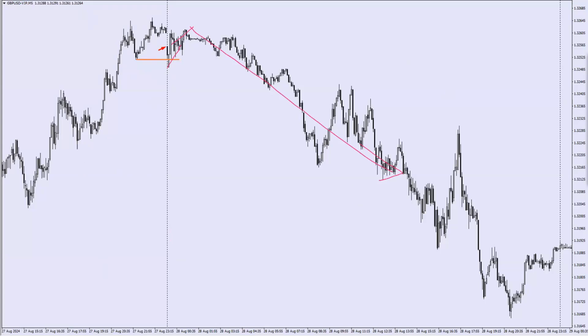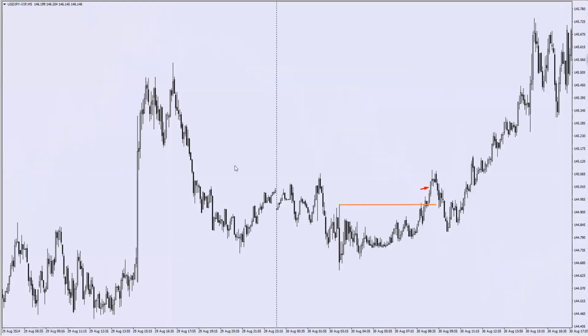That's one. This one is not the same. This is more like doing the 1, 2, and then started moving upwards on the 3.